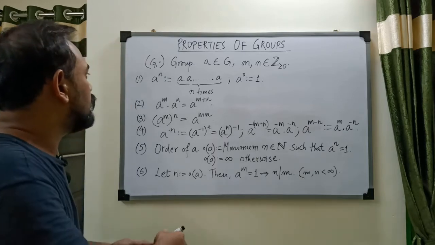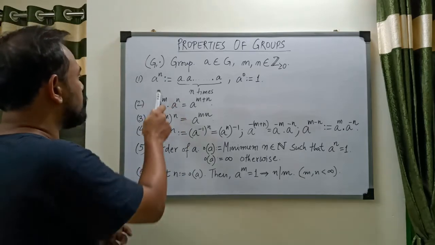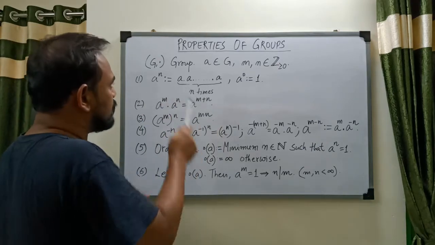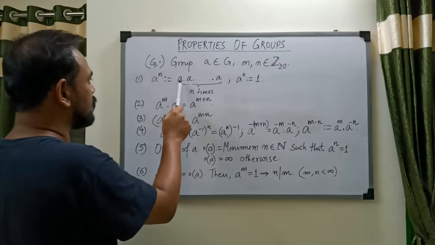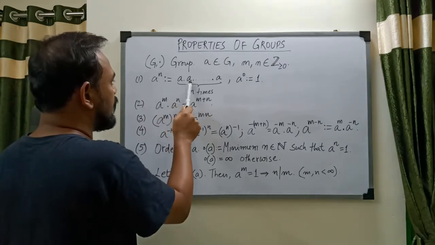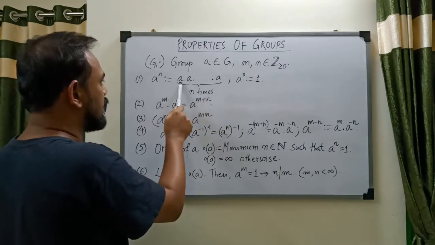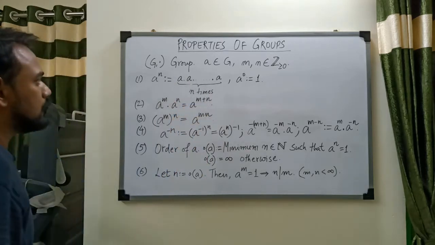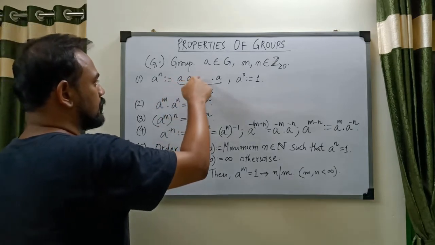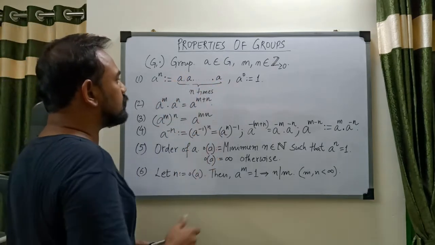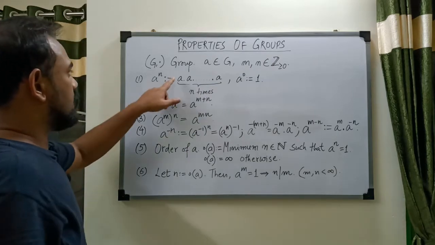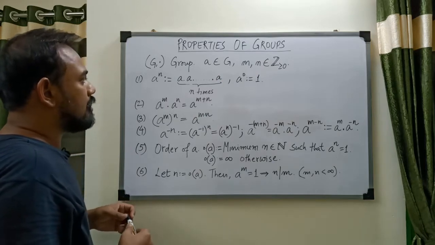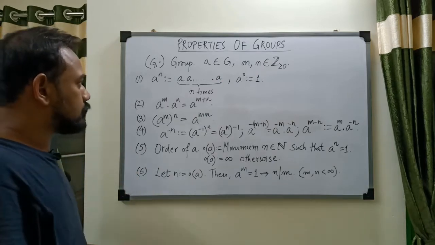Okay, so right. So the way we want to define a to the power n is multiplying by this binary operation, by the use of this binary operation, a n times. In other words, a dot a dot and goes on n times. Okay, so I'm not putting braces or brackets here because we are working in a group, and in a group everything is associative. So the operations are associative.